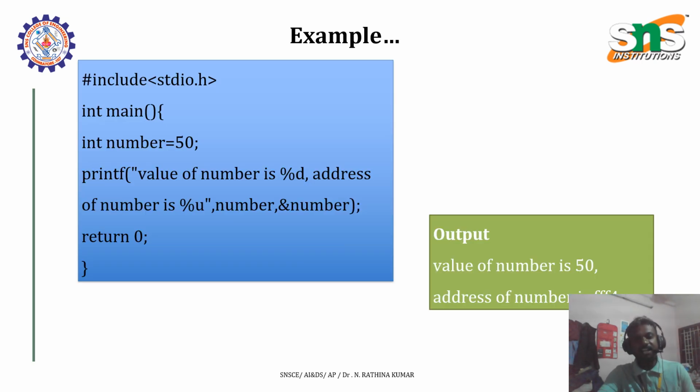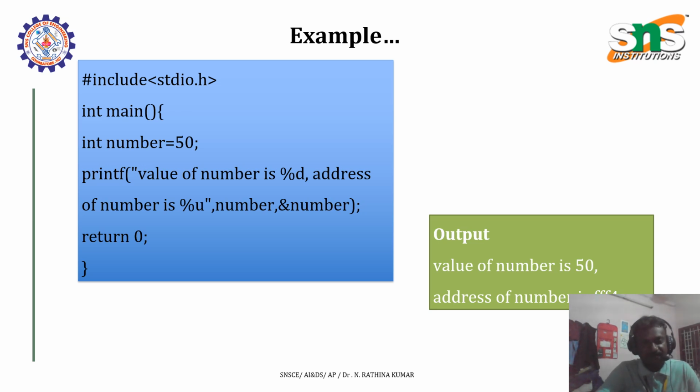Here is another very simple program. The first line is a header file. The next one is the main function. Inside the main function, we declared only one variable, named num. The value 50 is assigned to the num variable. Then the next line is very important, but very simple. We display two things.